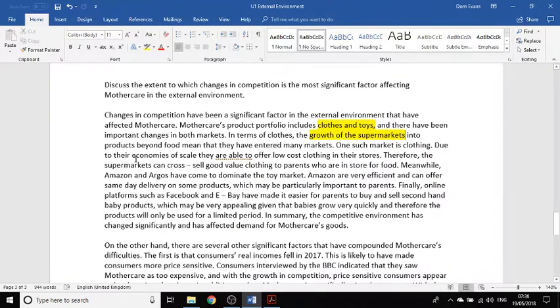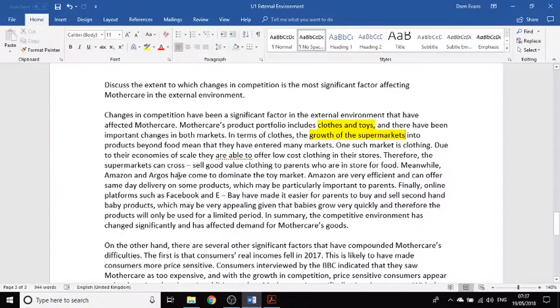This is just standard analysis of supermarkets that benefit from economies of scale. Supermarkets are very, very efficient. They manage their supply chains very well, and they can pass those cost savings on to customers. Therefore, the supermarkets can cross-sell good value clothing to parents who are in their store for food. So I've developed that point about the growth of supermarkets.